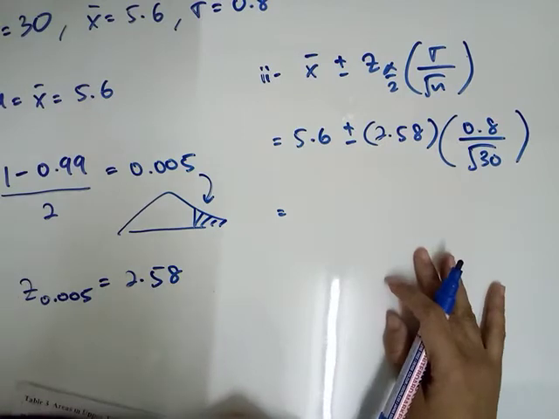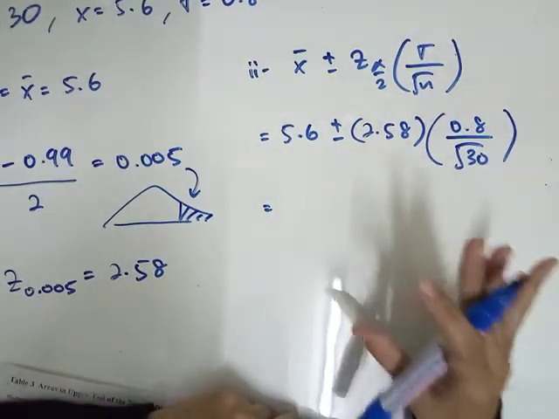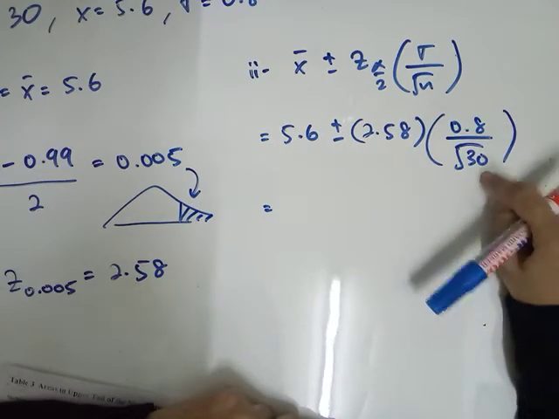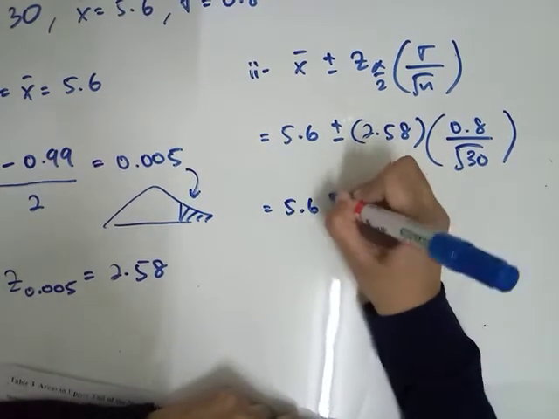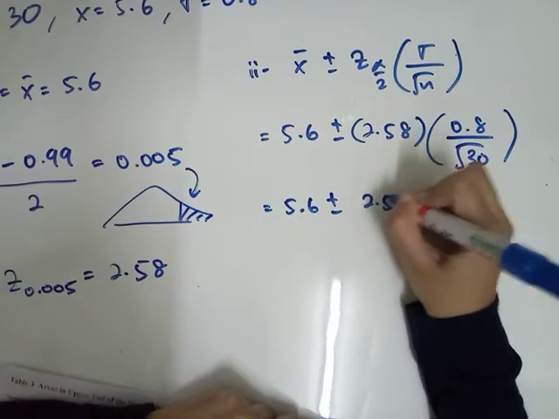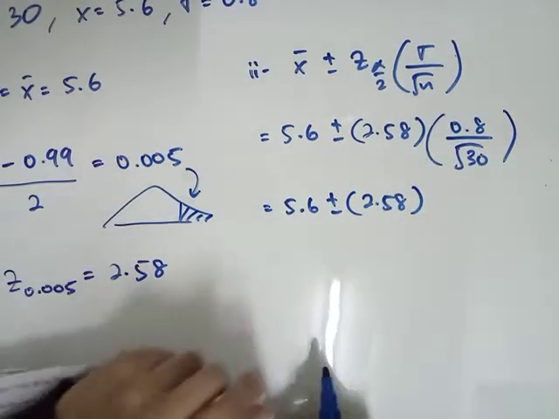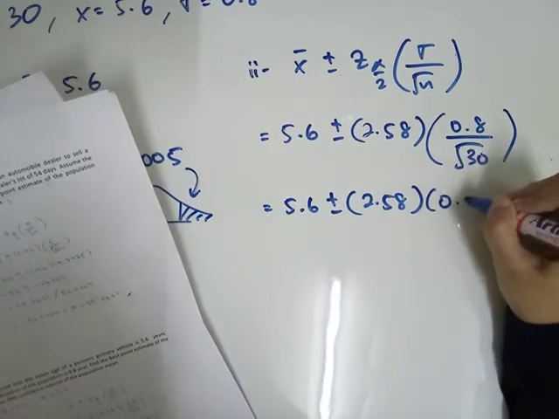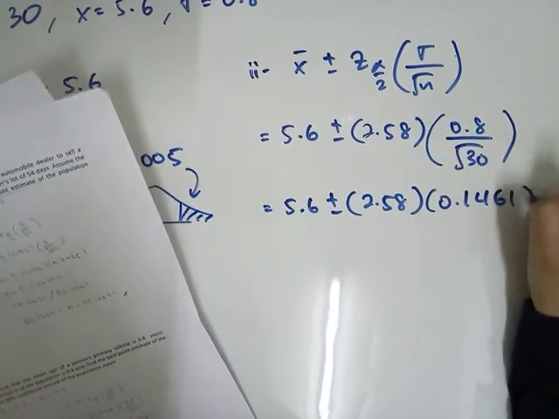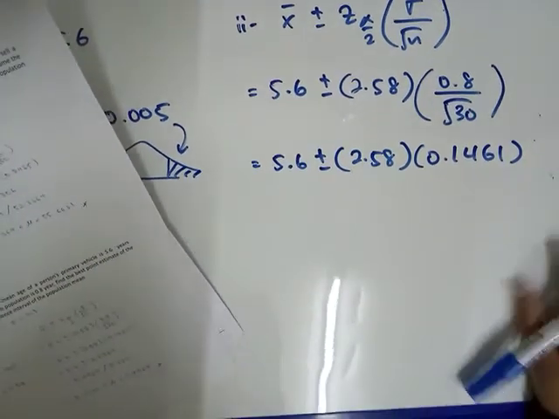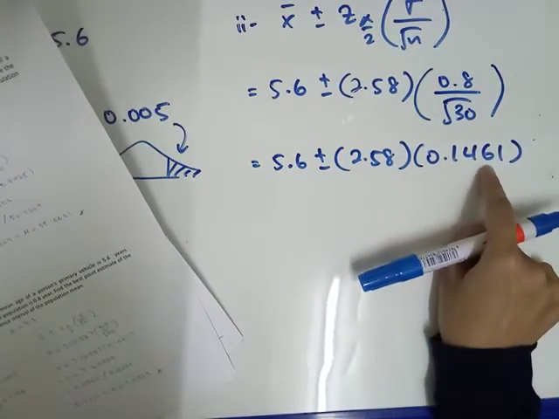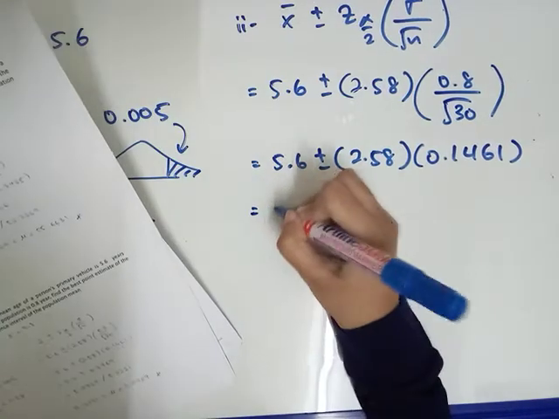So how to solve? Calculate one by one. This one first: 0.8 divided by square root 30. How do you get it? You will get 0.1461. And then times 2.58. 0.1461 times 2.58.